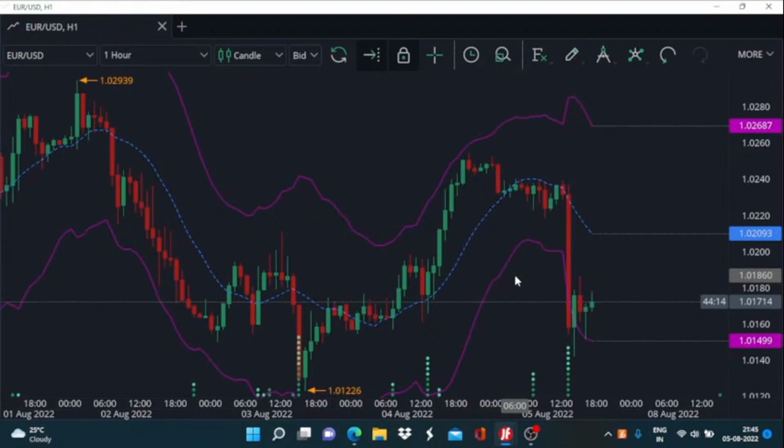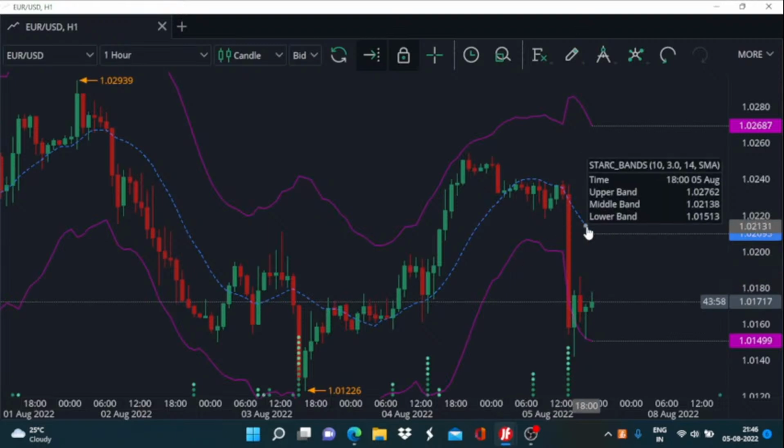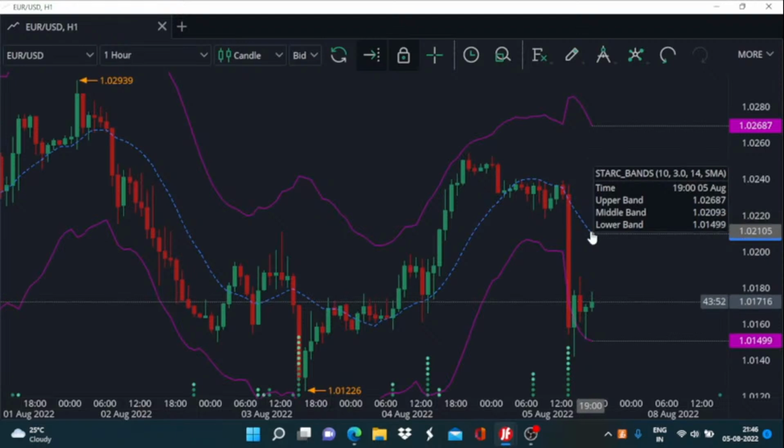More or less, the concept is similar in both cases, the Stoller average range channel as well as the Bollinger Band. Both of these are based on moving averages. We can use different types of moving averages while defining the Bollinger Band, but in case of the start band, we simply have to use the simple moving average. So that is a major difference here.